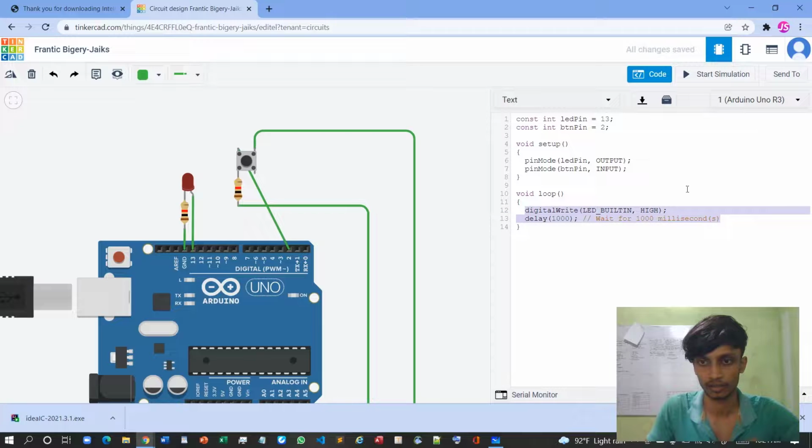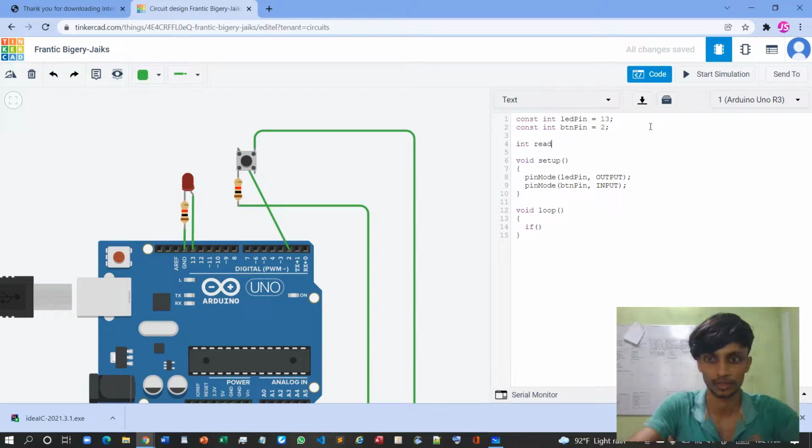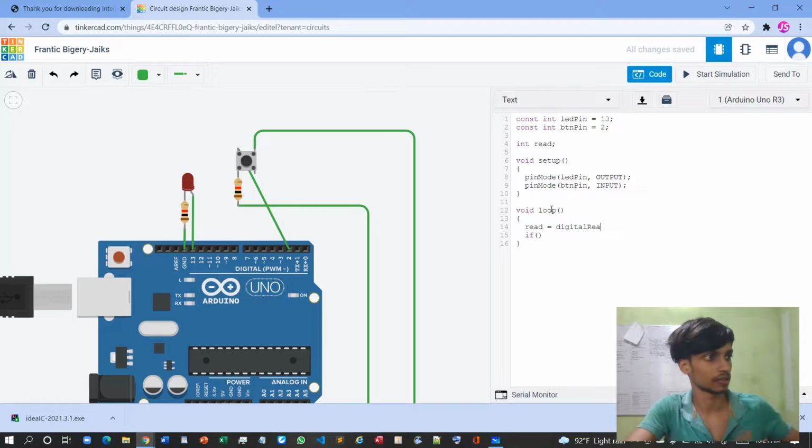Then we need an if condition, and we need a read as well. So initially I will do a digital read from the button pin.